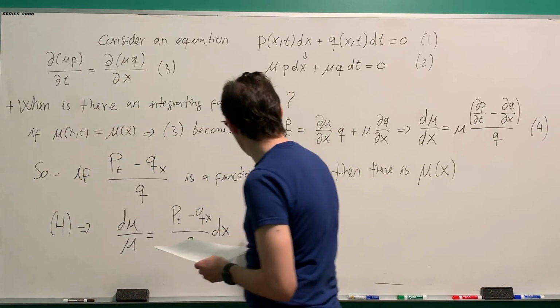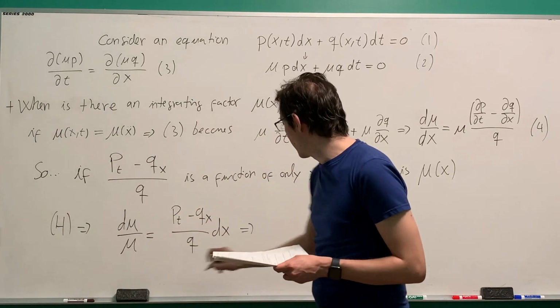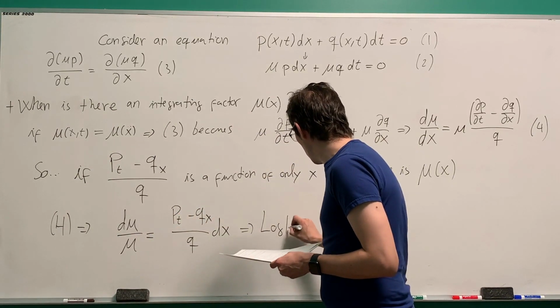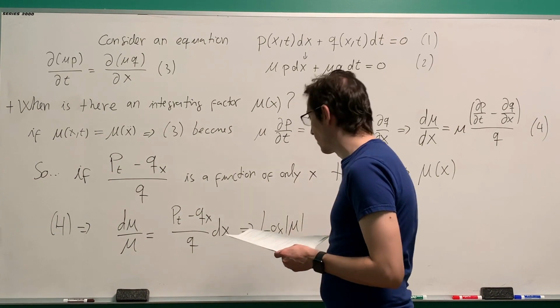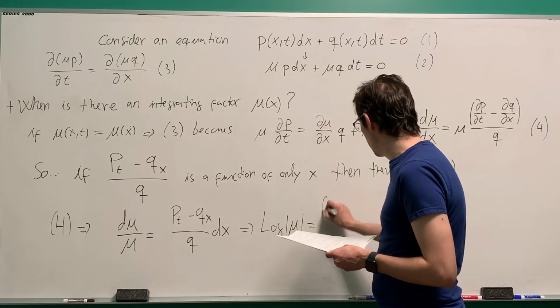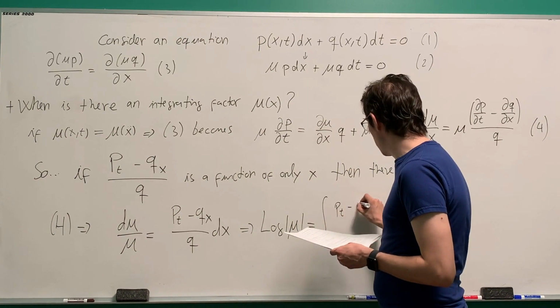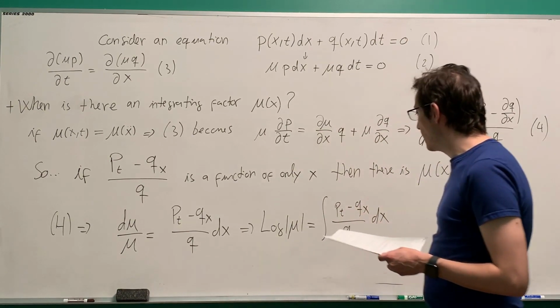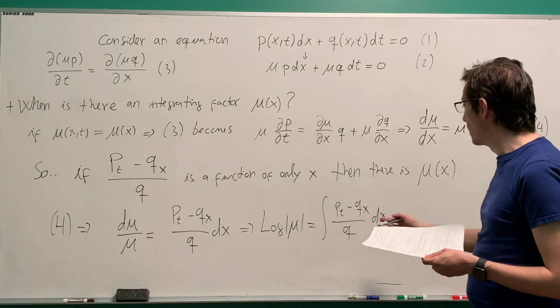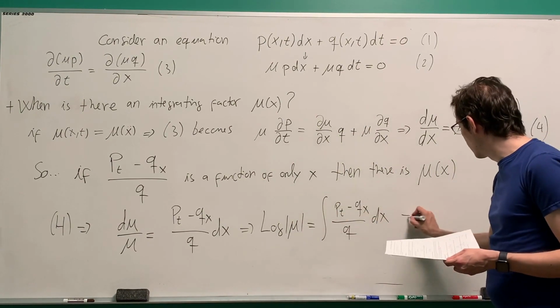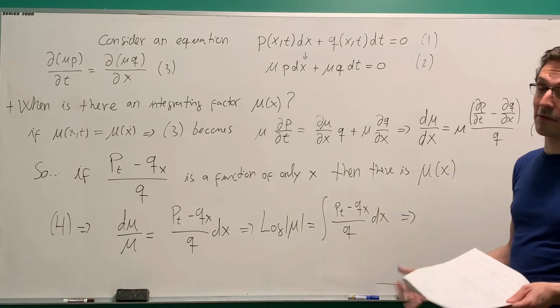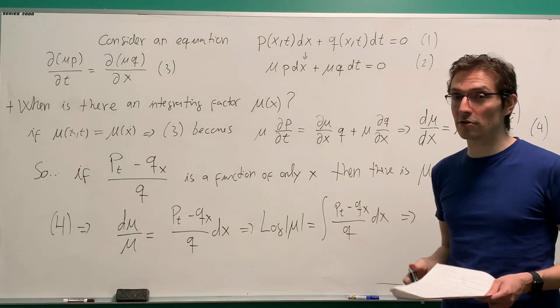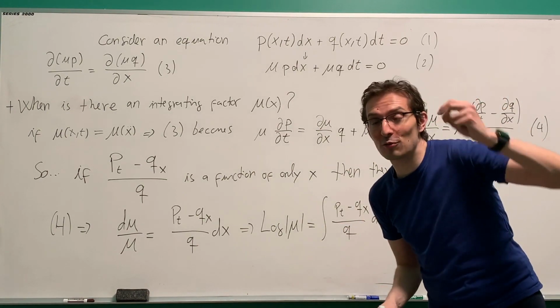I integrate and I get a logarithm on the left, log of mu, and on the right I get the integral of p_t minus q_x over q, whatever that is, dx. Now I can undo the log by taking exponentials. And you remember you have infinite solutions, the general solution would have a constant. Here I just want one solution, one integrating factor.